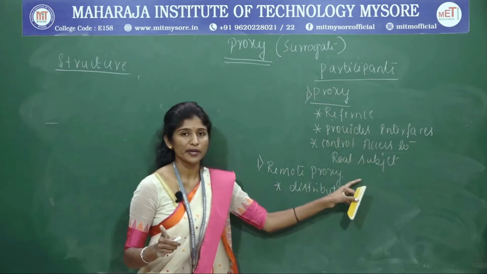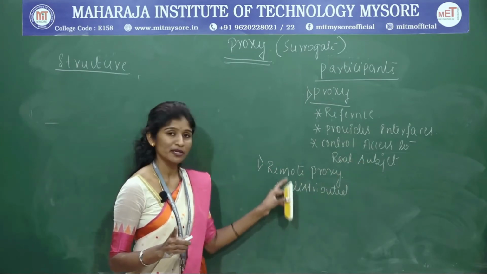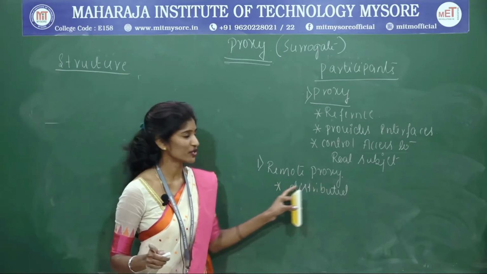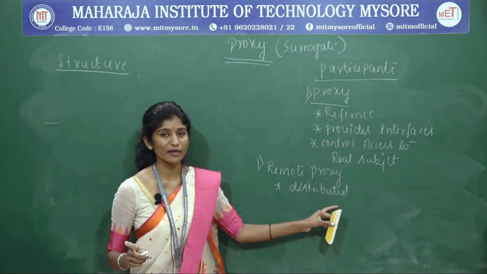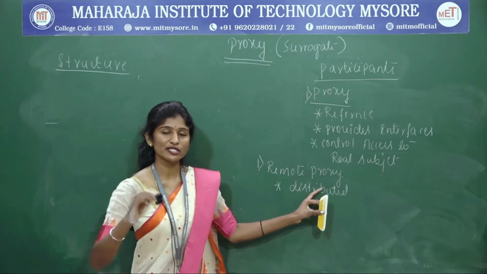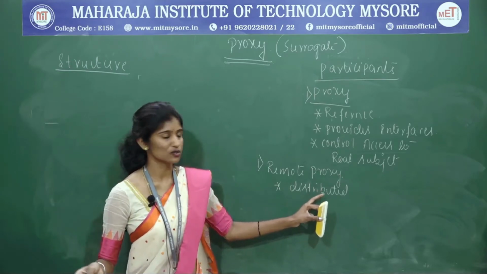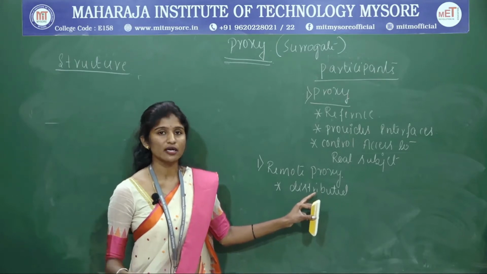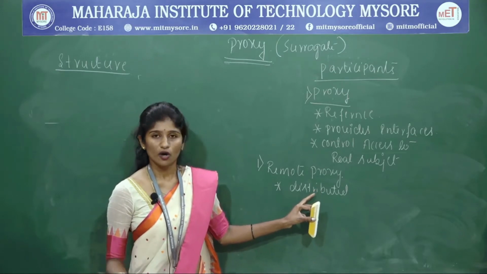Other than these operations, it comes in 3 different design variations. One is the remote proxy, which can be used in a distributed network, where the objects are placed in different address spaces. There it can be used to encode and decode the code or information between the objects.